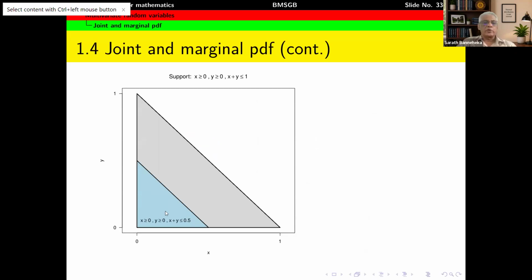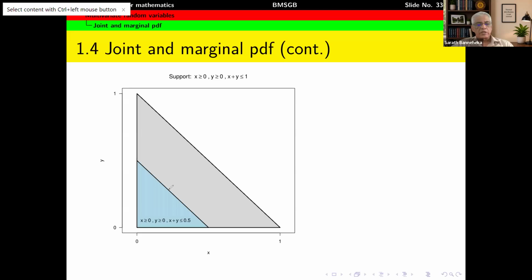Now what you have to do is integrate the joint probability density function, which is over the whole area, but now you are integrating over this area only, right? So how do you do that? We can do that like this. For example, first of all, you will integrate the joint density function over a small stripe. For example, okay, let me consider a small stripe here.